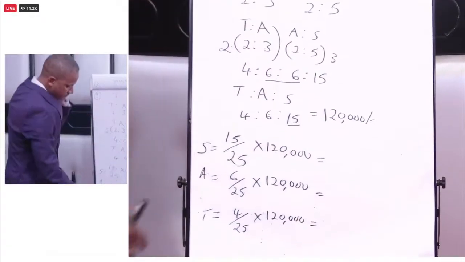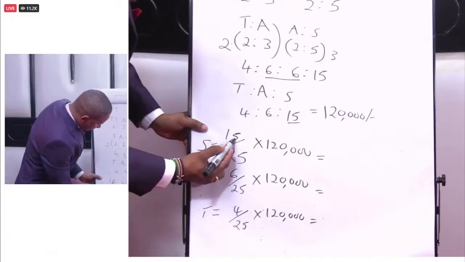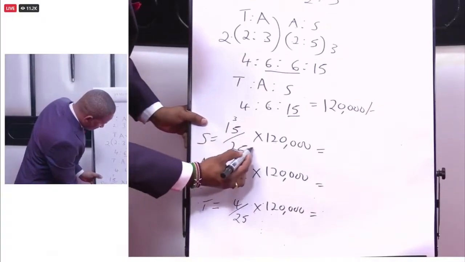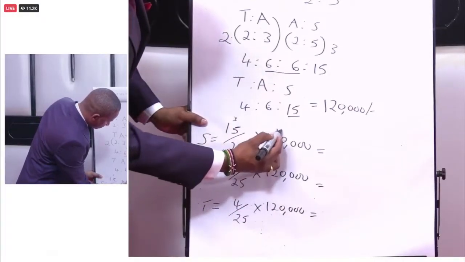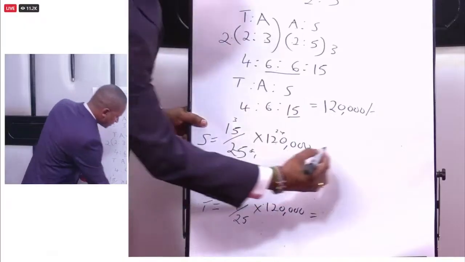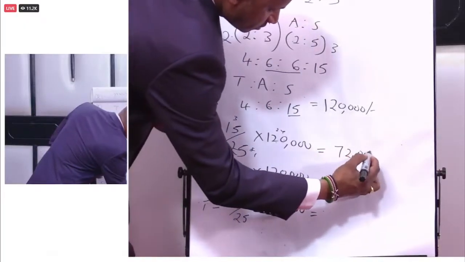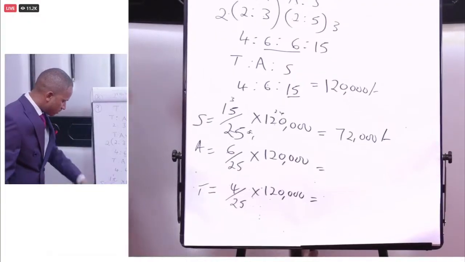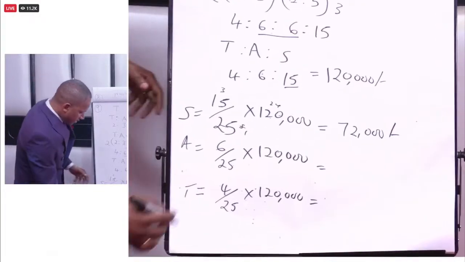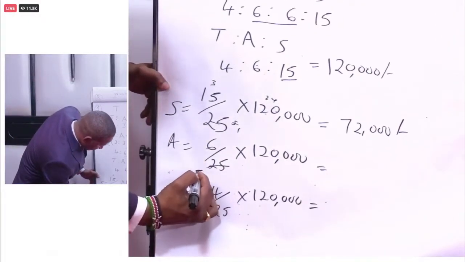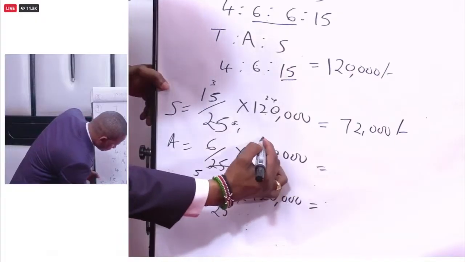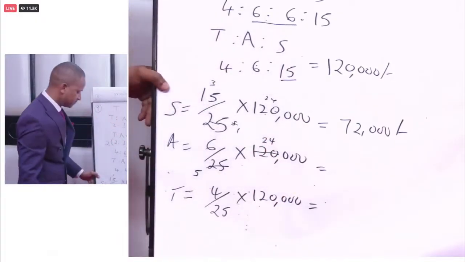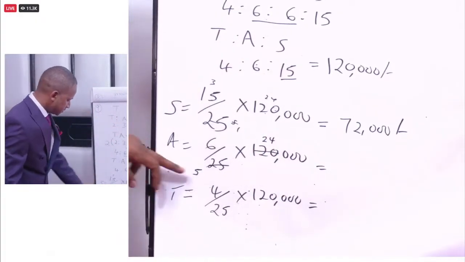Now, when you simplify this, you get 5 here 3, 5 here 5, 5 here 1s, 5 here 24. 3 times 24, that is 72,000. So Sifuna contributed 72,000. What about here? 5 here 5. 5 into 120 is 24. Then 5 here once.